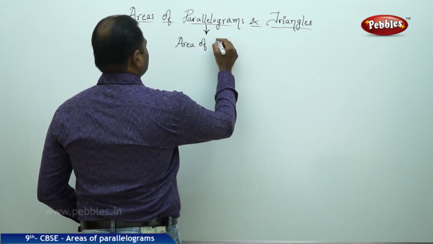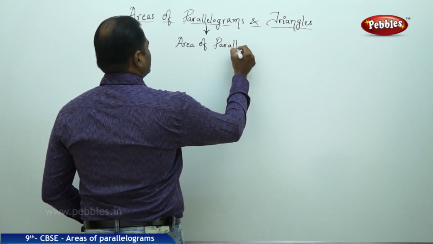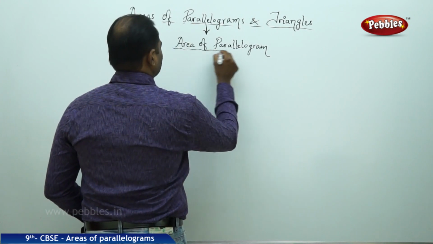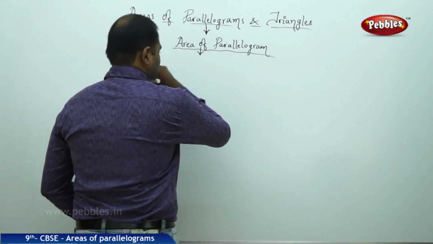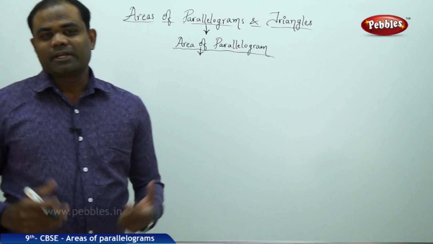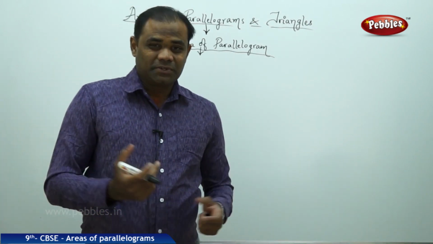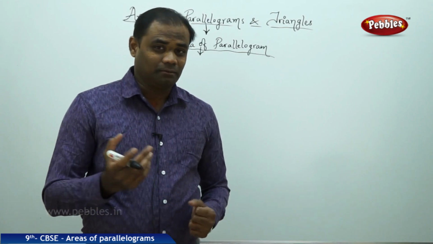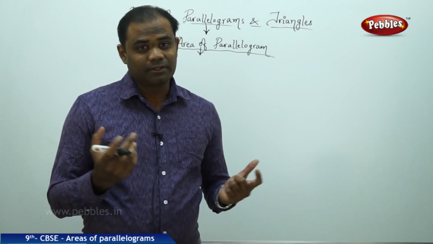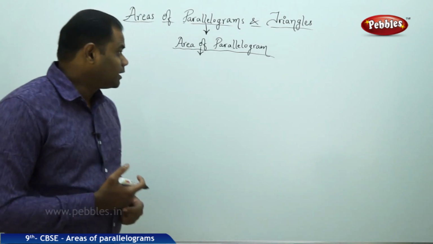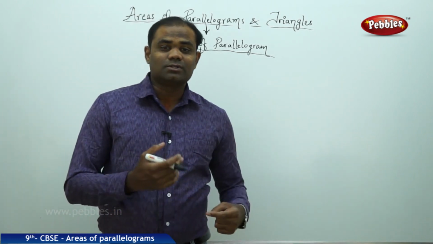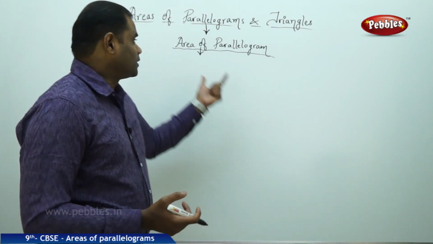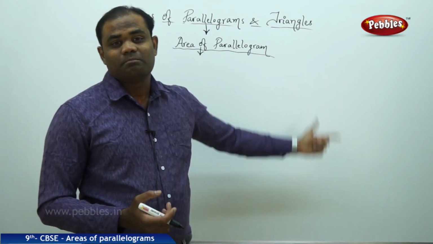What is the area of a parallelogram? Just like the area of a triangle is half into base into height, and the area of a rectangle is length into width, similarly the area of a parallelogram has its own specific definition. Let's see what formula we can derive for the area of a parallelogram.